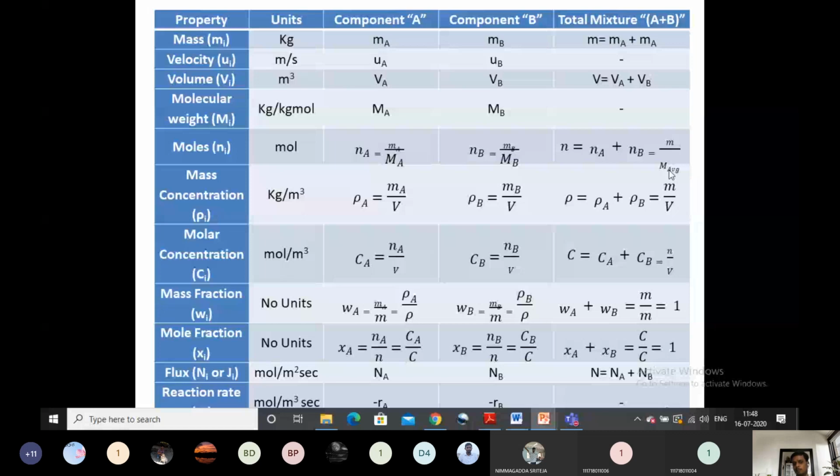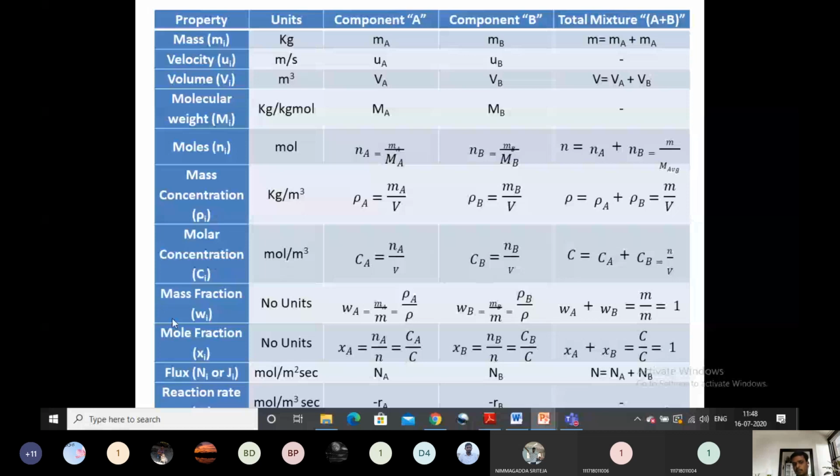Molar concentration we can define for component A and component B, denoted by C_A and C_B. Then the mass fraction is the individual mass concentration divided by the total mass concentration. Similarly for B, and this is an additive property: the sum of the mole fractions is equal to 1, and the sum of the mass fractions is equal to 1.